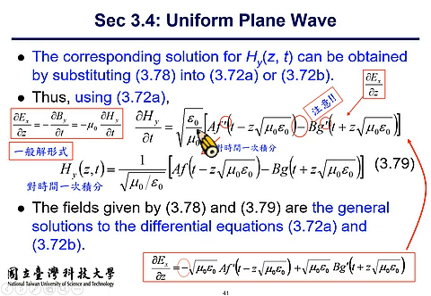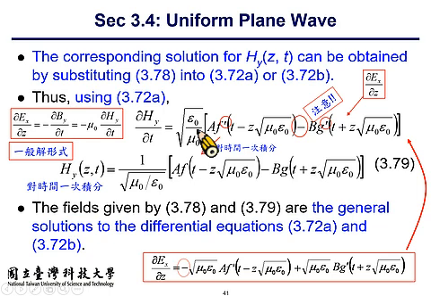And note that the first term comes with a minus sign. Why? Because the variable has a minus sign over here, so it comes with a minus sign. And because the second term has a t plus z, the derivative of it is still positive.